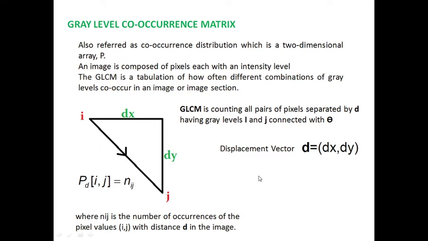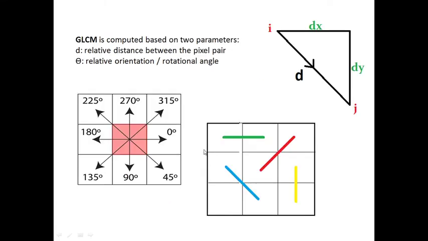Along with that I have theta, the relative orientation or angle: whether i and j are connected straight, diagonally, or in reverse diagonal. Based on theta also one can obtain the GLCM matrix.